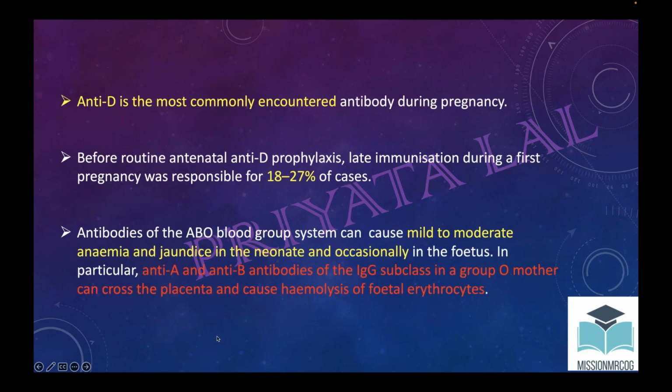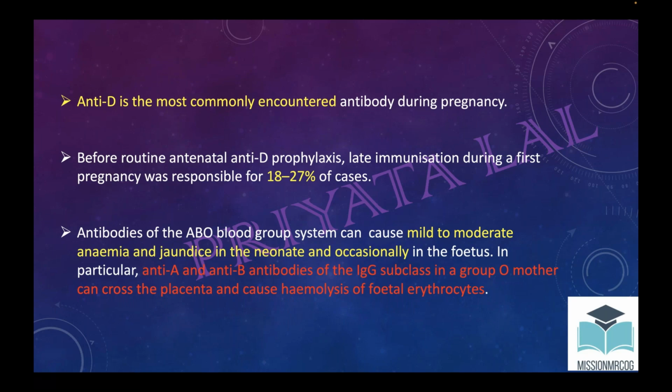These days, we give routine antenatal anti-D prophylaxis. But before that, in 18 to 27% of the cases, this alloimmunization used to happen.